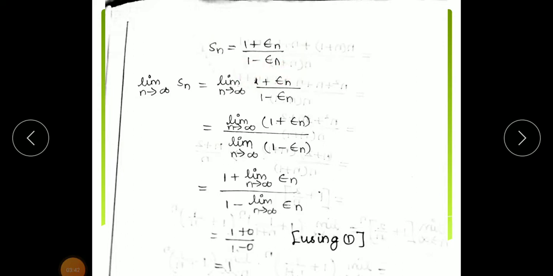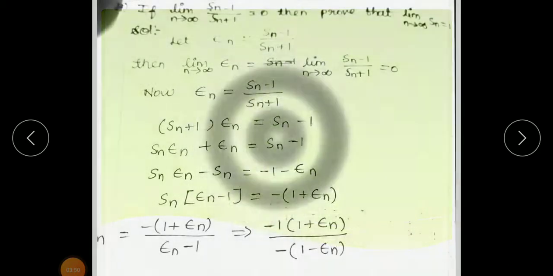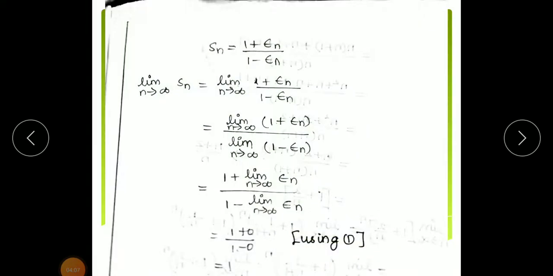We can apply them separately: 1 plus limit n tends to infinity of epsilon n, divided by 1 minus limit n tends to infinity of epsilon n, using the first equation. So we get 1 plus 0 divided by 1 minus 0, which is equal to 1. Here, the limit of epsilon n is 0, so it becomes 1 plus 0 by 1 minus 0, which is 1.